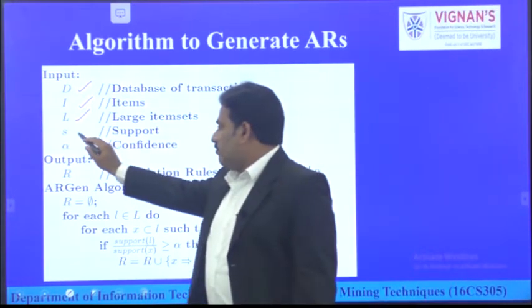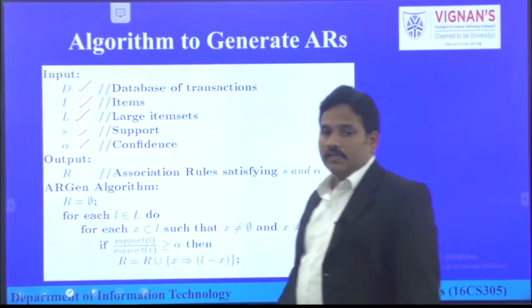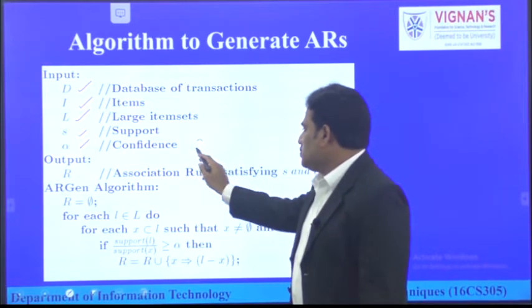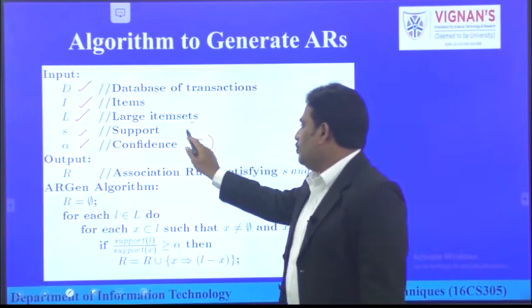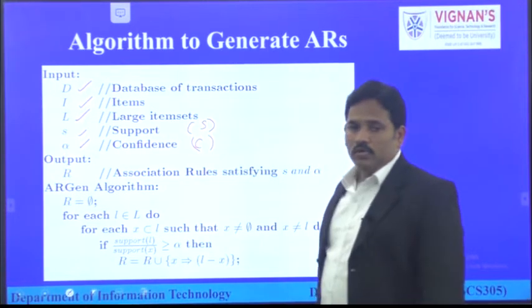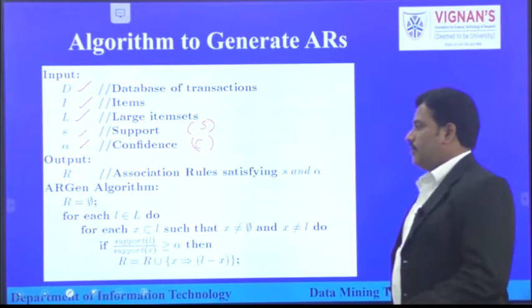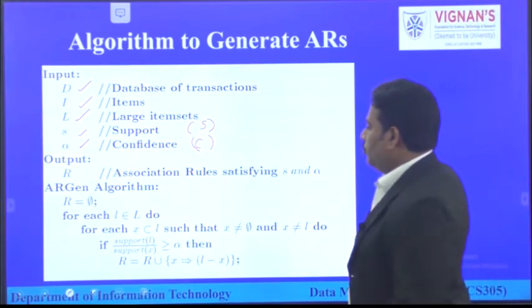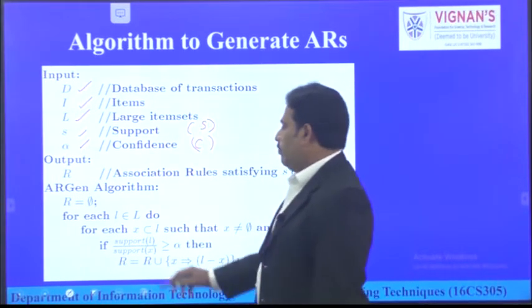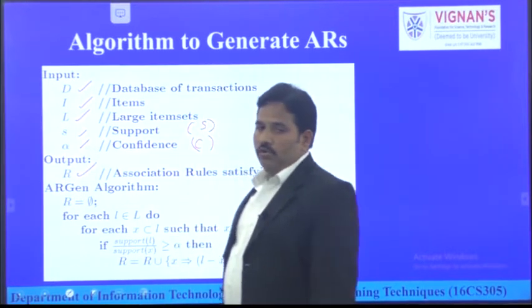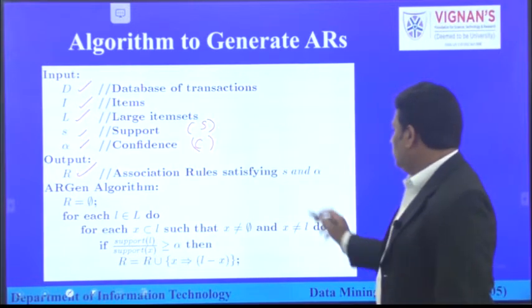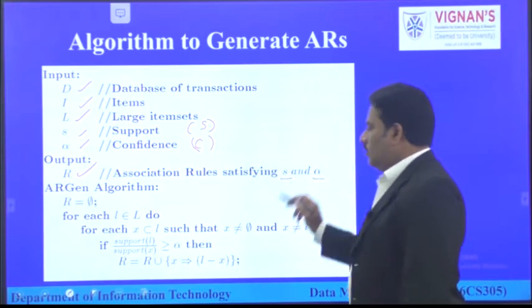And these two are the measuring values, support and confidence. In some cases, instead of alpha, we may use C. So it can also be used here: S for support, C for confidence, or S for support, alpha for confidence. And what is the output we are going to derive? We want to obtain association rules satisfying both support and confidence.